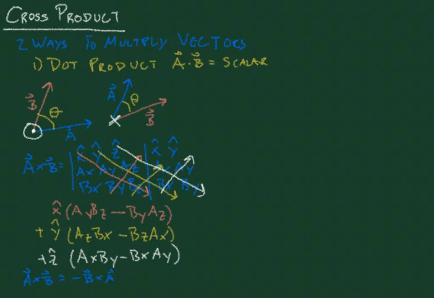Geometrically, what this means is, now let's look at if we have a three-dimensional vector. If we have some vector b and a with an angle theta between them, again, the cross product is going to be at 90 degrees to both of those vectors.